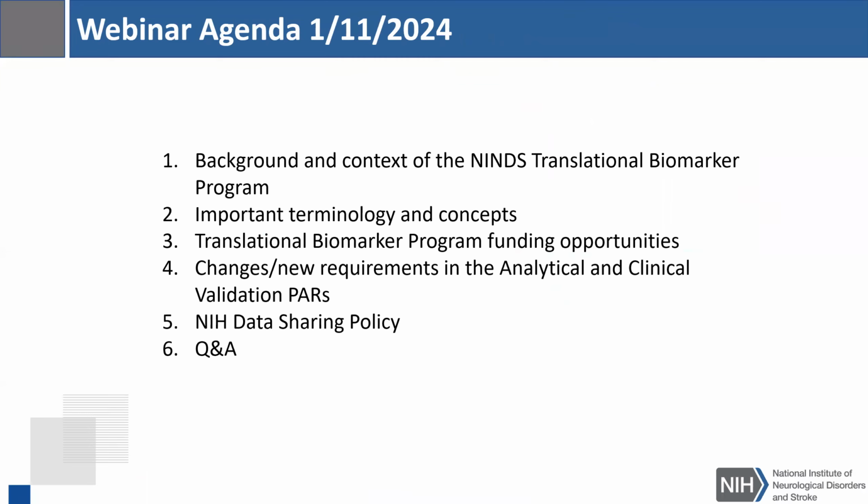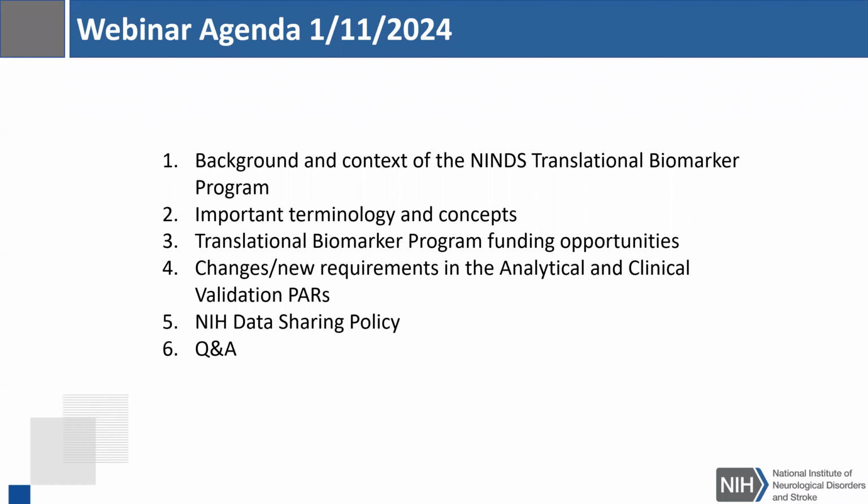So just quickly for the agenda for today, I'm going to go over a little bit of background and context for the NINDS Translational Biomarker Program. Some of you may be familiar with this aspect. Others, I know there's quite a few new people who have registered. I'm going to go over some important terminology and concepts.